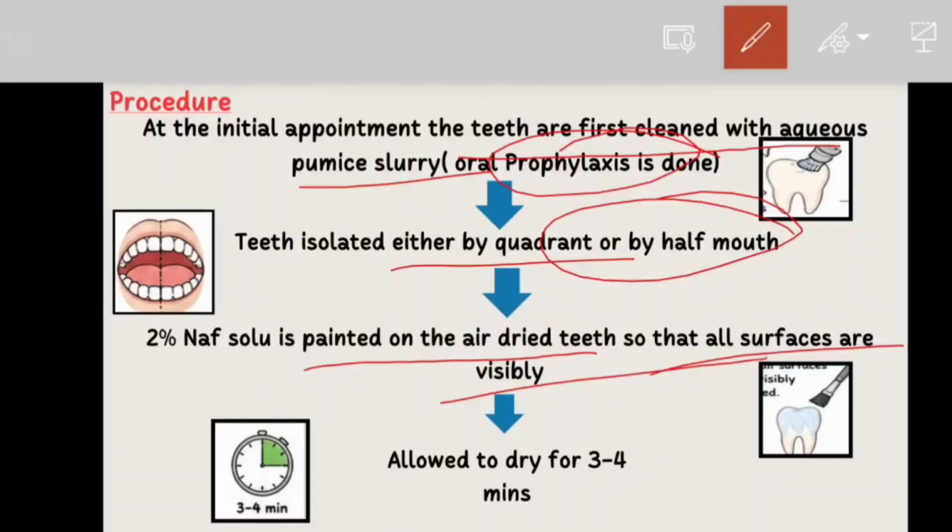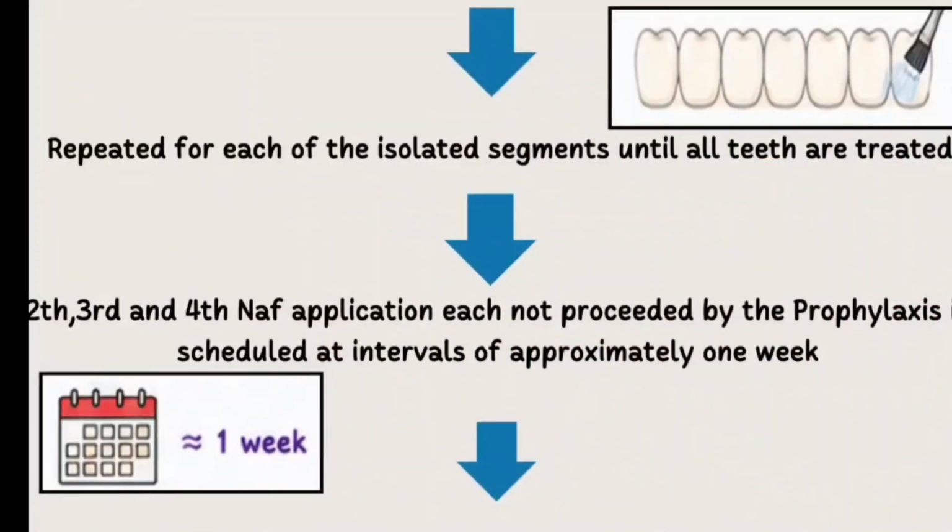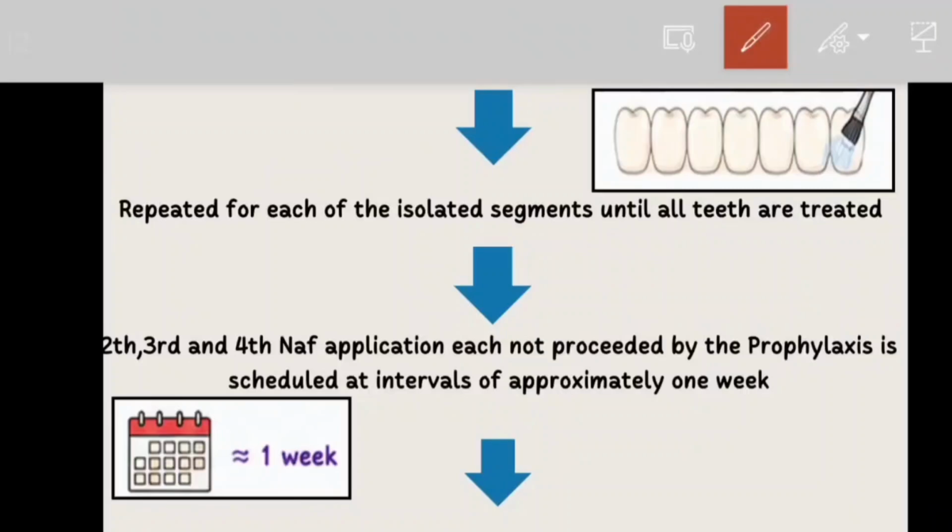So you can see a tooth surface, and after the tooth surface is cleaned, we air dry, and then we paint the 2% sodium fluoride, and here all the surfaces are visibly covered. So that is the basic procedure. Okay, now the next one is to allow it to dry for 3 to 4 minutes. So after the application we allow it to dry. Okay, so the next step is that it is repeated for each of the isolated segments until all the teeth are treated.